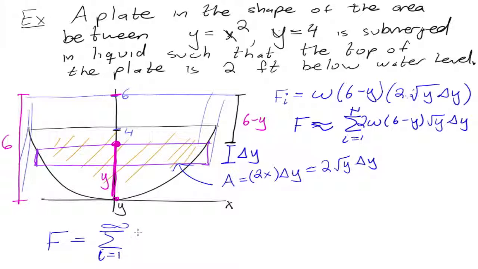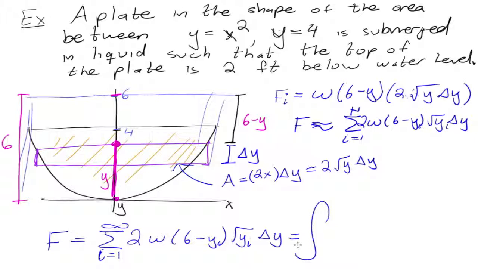Okay. So what is it? Sum of 2 omega (6 minus y sub i) square root of y sub i delta y. We forgot our little sub i's there. And that is nothing more than a Riemann sum, right? Which is equal to the integral of 2 omega (6 minus y) square root of y dy.